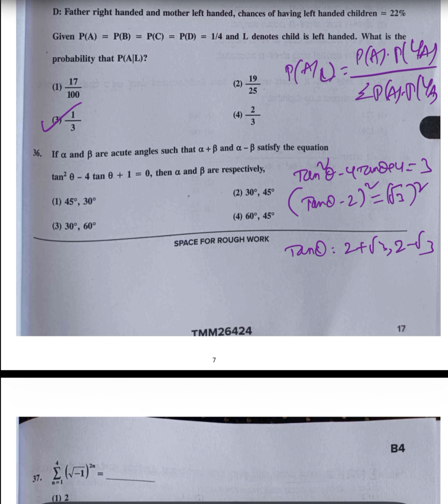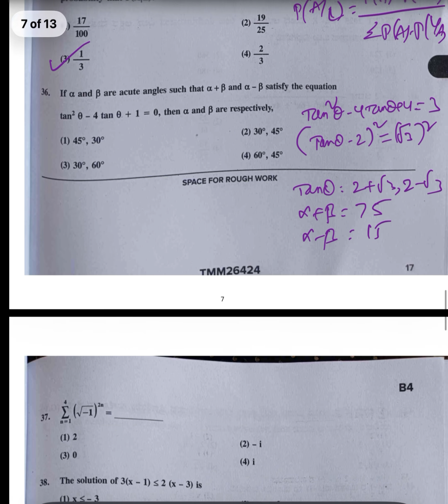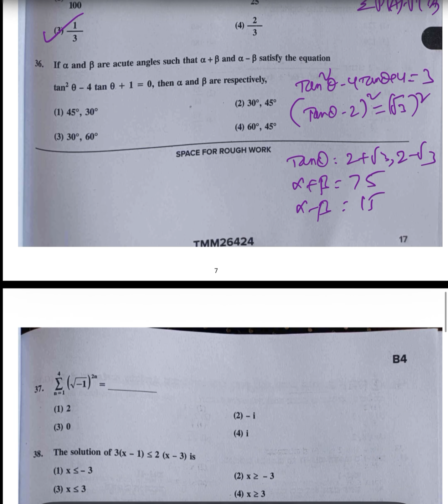So that alpha plus beta, 2 plus root 3, so the tan theta, one of the answers is 75, and one of the answers is 15. So that alpha plus beta 75, alpha minus beta 15, so that 45 and 30.